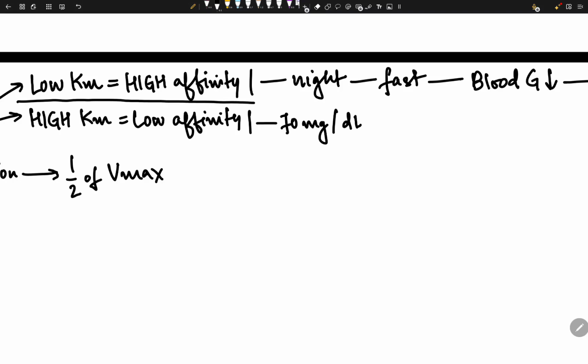It must remove the blood sugar fast, not slowly, because this insanely high blood sugar can be dangerous for us. So it must remove the glucose rapidly. Therefore, glucokinase has high Vmax, meaning it can process glucose at a higher capacity.